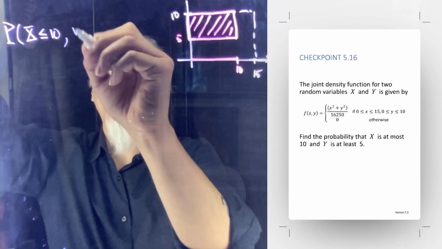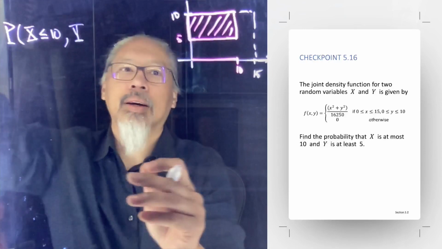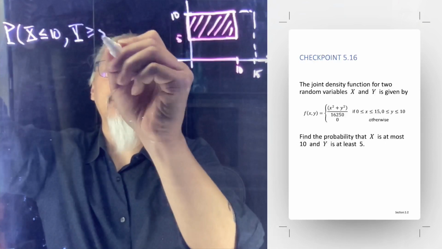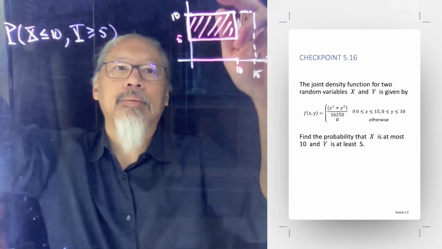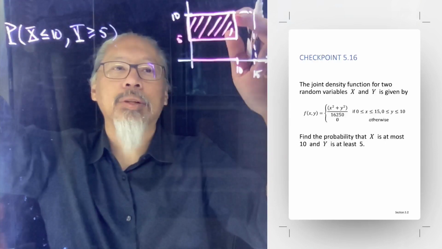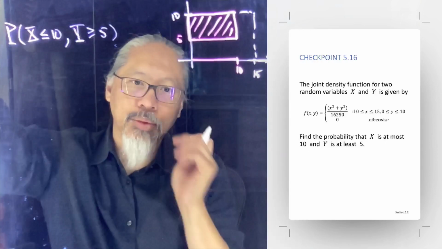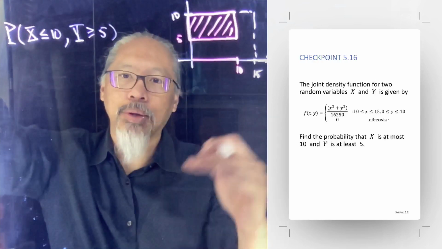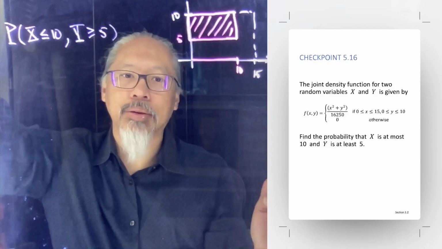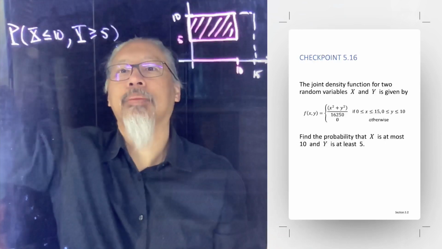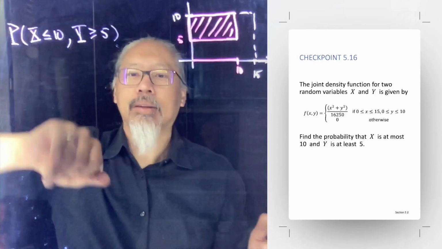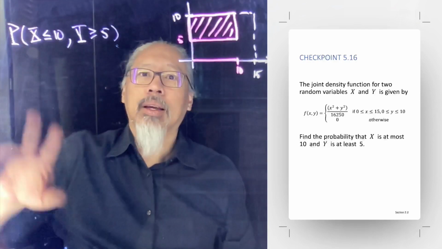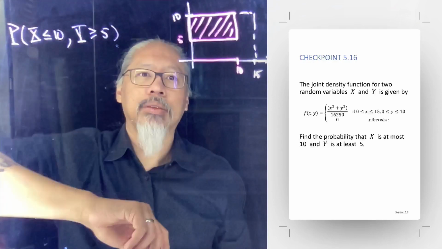And then your y value is going to be at least 5, so bigger than or equal to 5. Again, it's understood that we can stop at 10, or we can look at the piecewise function and say that after y is bigger than 10, it's all going to be 0 anyway, so it's not going to be counted. So this is our official setup for the integral.